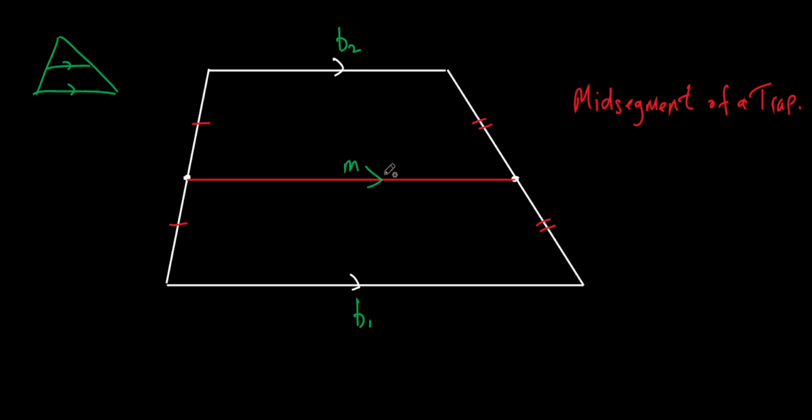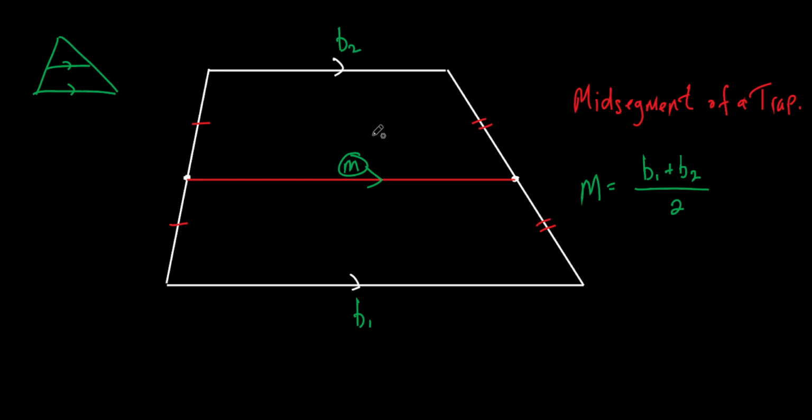But guess what? The midsegment is equal to half of the sum of the two bases. So if I added up base 1 and base 2, and then I took half of it, that's going to give me the length of the midsegment. That's really important. It's kind of like finding the average.